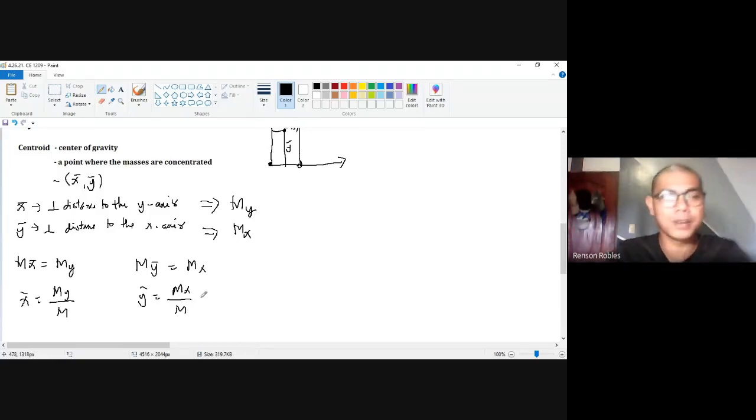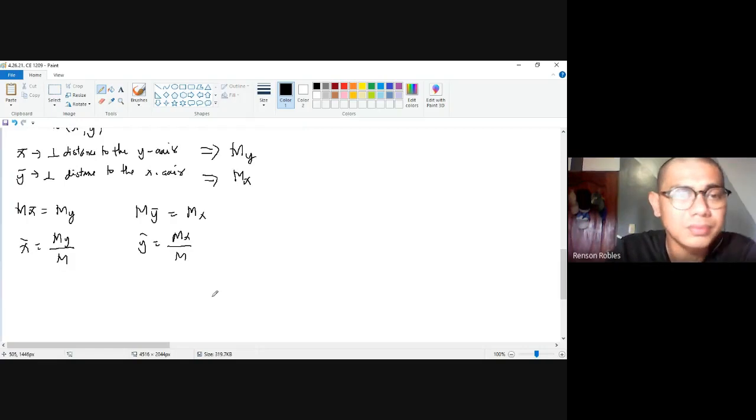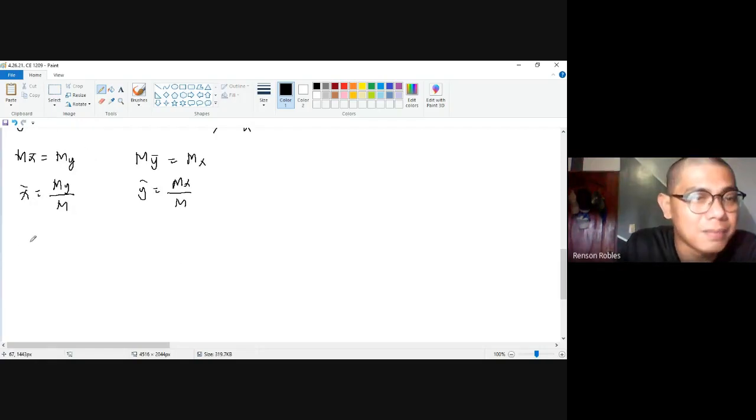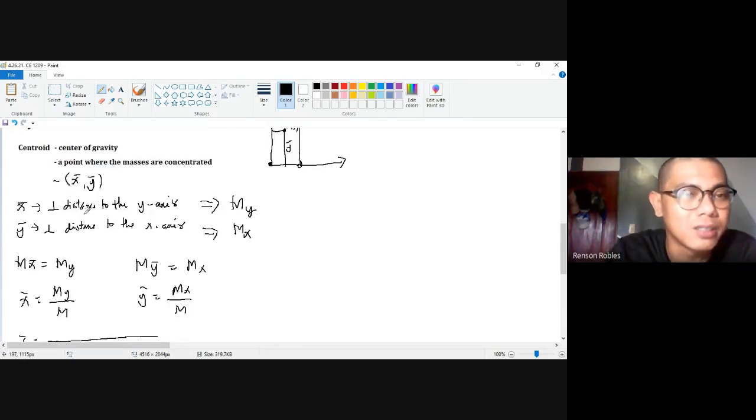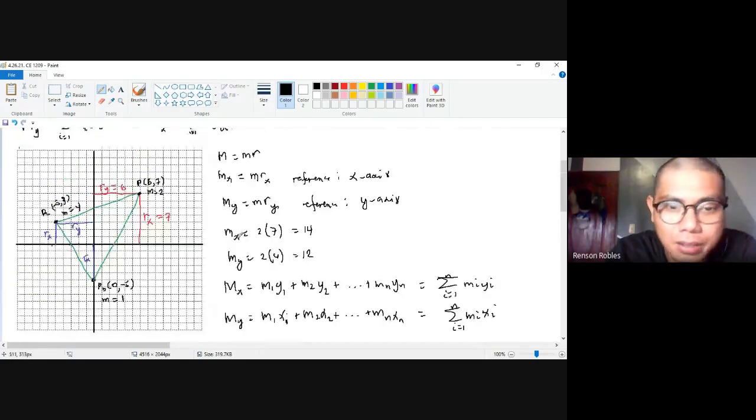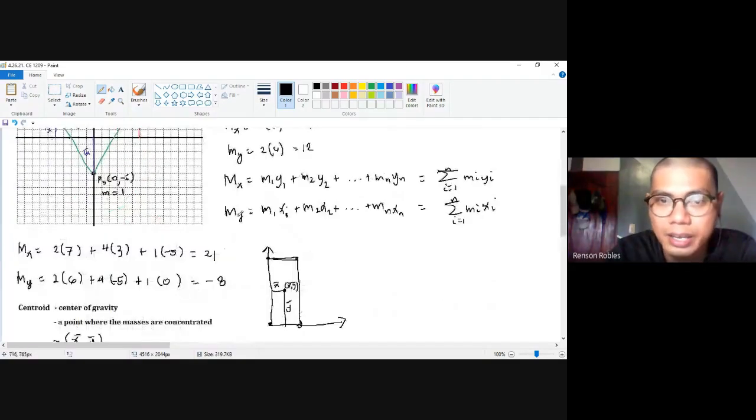Okay? Or, let's write this as a sum. Bar x is equal to, on the denominator, m1 plus m2 plus m3 running until mn. Okay, and then on the numerator, it's moment in y. How do we write moment in y? Moment in y here. Okay, I'll just put this on the numerator. Moment in y.